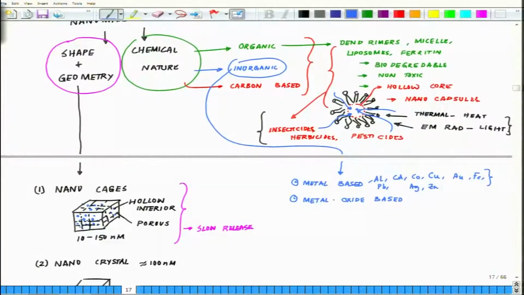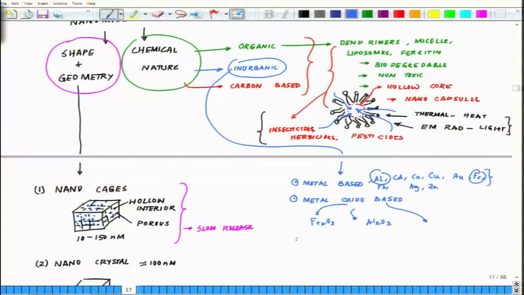For example, if you see iron here, Fe2O3, you have Al2O3 for aluminum, and different other such metal based systems.